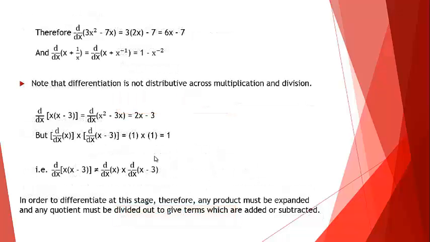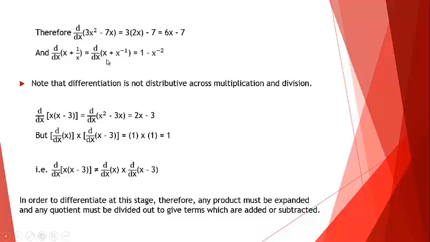Therefore, the derivative of 3x squared take away 7x with respect to x gives us 3 times 2x take away 7, which is 6x take away 7. And the derivative of x plus 1 over x with respect to x gives us the derivative of x plus x to the power negative 1 with respect to x, which equals 1 take away x to the power negative 2.